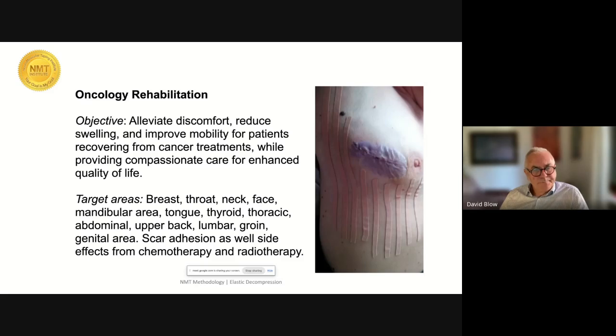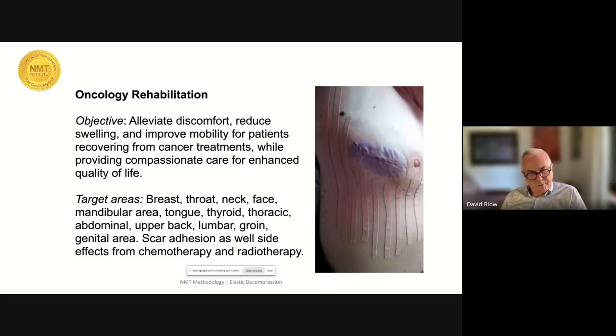Target areas can be in the breast area, but also in the throat, thyroid, neck, face, lung cancer. So we have lung, thoracic surgery. We have the upper back area, the groin area, the genital area, etc.